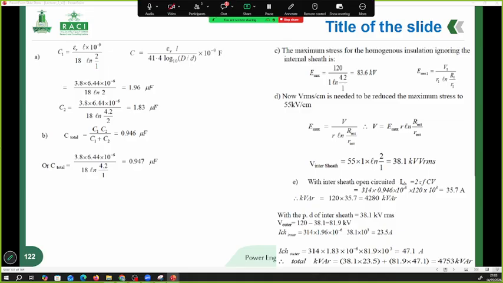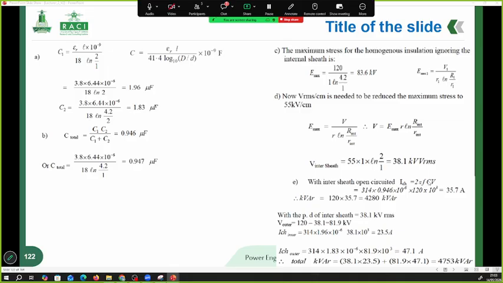insulation performance and reliability. Part E analyzes the charging current and reactive power of the cable when an intershield is introduced, comparing the cases of open circuit and properly utilized intershield conditions. Initially, with the intershield open circuit, the charging current is calculated using the standard relation I charging is equal to 2πfCV, resulting in a current of 35.7 amp.